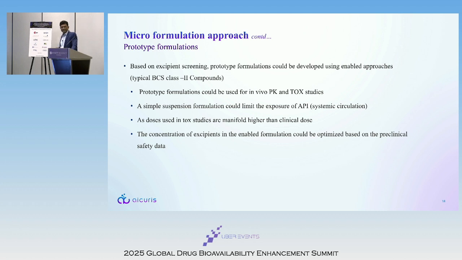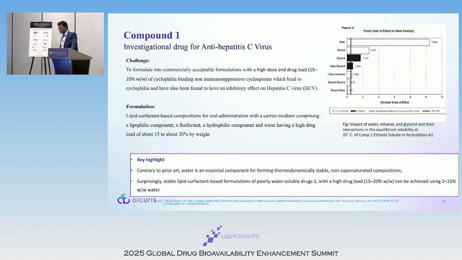And using this concept or this microformulation approach, we were able to propose a few formulations for quick PK studies or tox studies. Sometimes the simple suspension formulation might not work for the tox studies because you get a plateau effect, and then of course no matter how much drug you are dosing, there is no increase in bioavailability. Certainly you need an enabled formulation like a lipid-based formulation, and this was something quite important there.